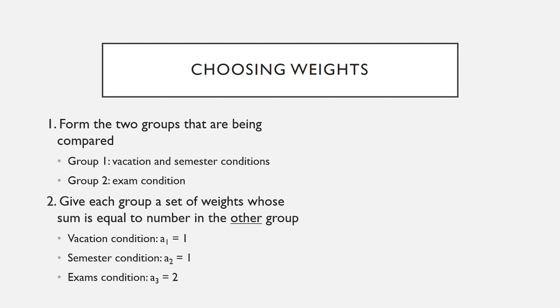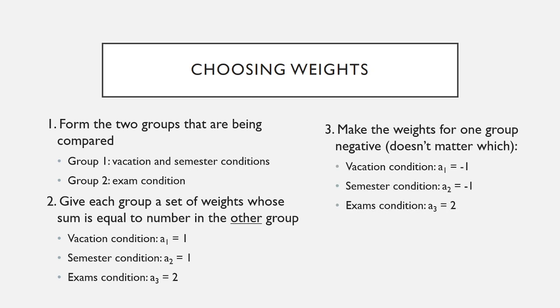So then what you're going to do is create a set of numerical weights for your two different groups separately. The sum of the weights for both groups should add up to the same value. Okay, so we give the exam condition a weight of 2. We'll give vacation and semester a weight of 1 and 1. That'll add up to 2.